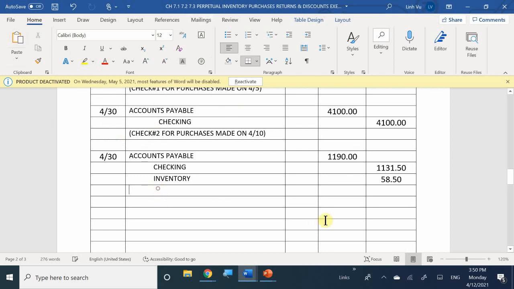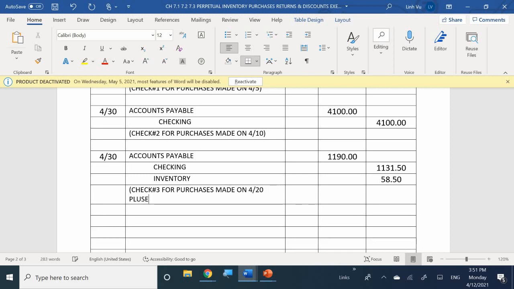And then I'm going to go ahead and indicate that I have check number 3 for purchases made on April 20 plus 5% discount, because I paid within the discount period.